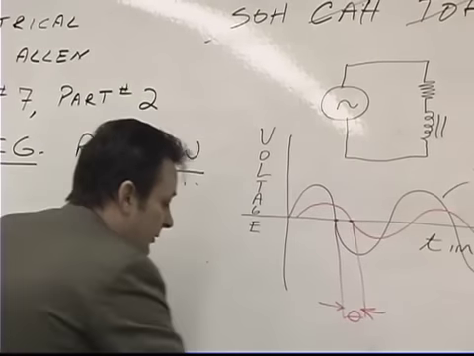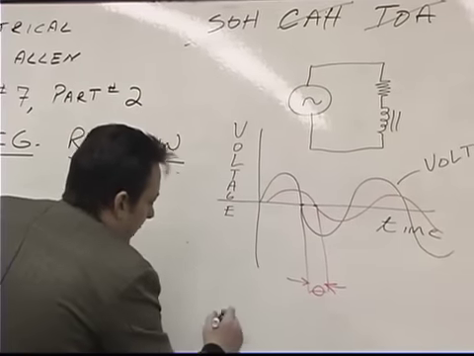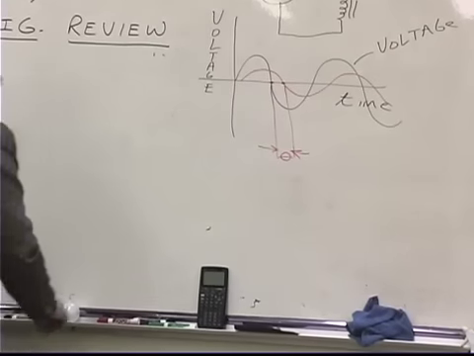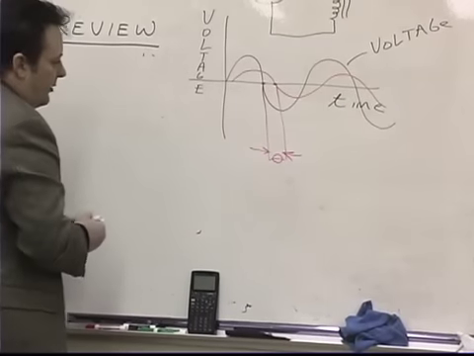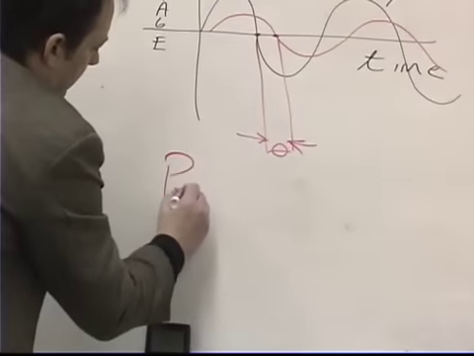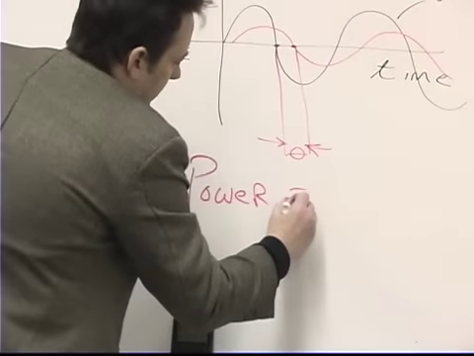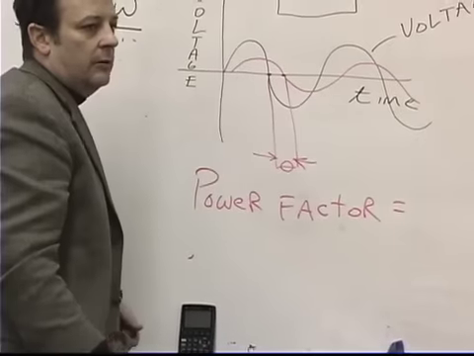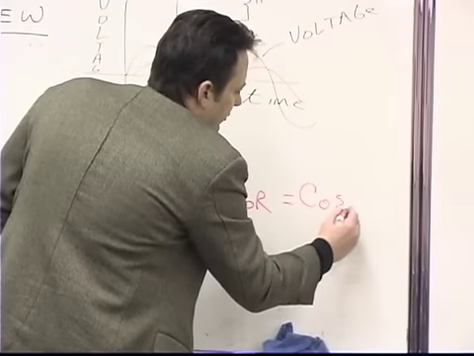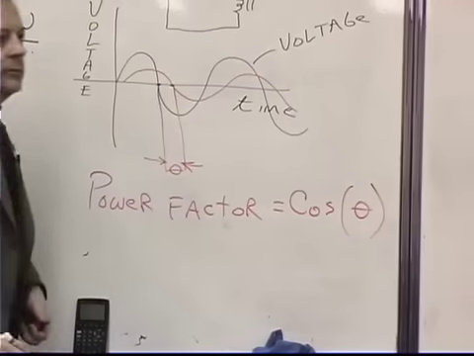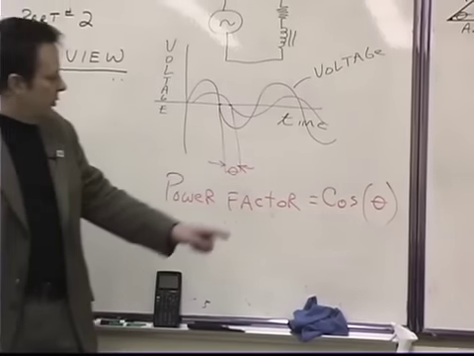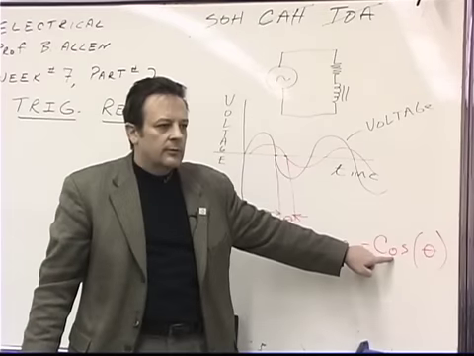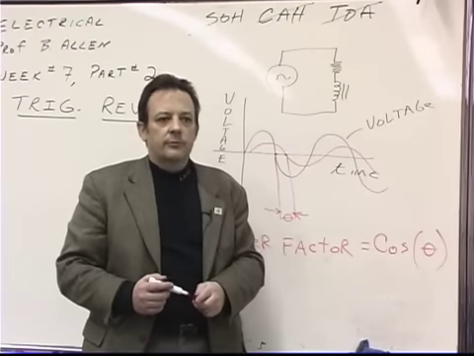As a matter of fact, just to close out, the power factor of any circuit is equal to the cosine of the phase angle. So when you find this phase angle right here, if you take the cosine of it, that will tell you how efficient your circuit is.